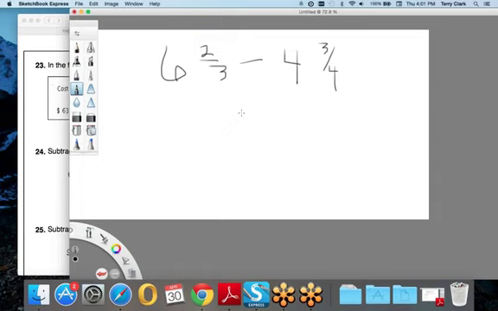The first thing I'm going to do is convert these to improper fractions. I'm going to do a trick called round the world. I'm going to go 6 times 3, and then add the 2 to it. So I'm just going to go around the world like this. 6 times 3 is 18, plus 2 is 20 over 3.